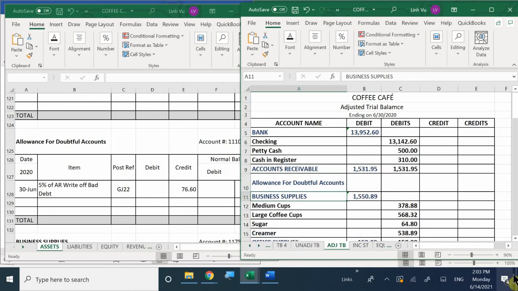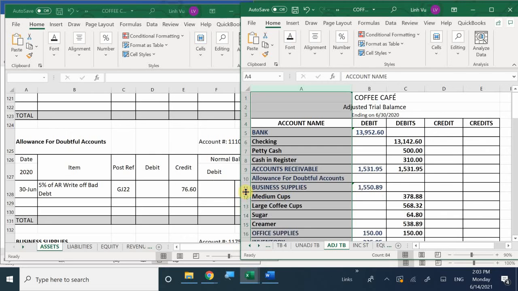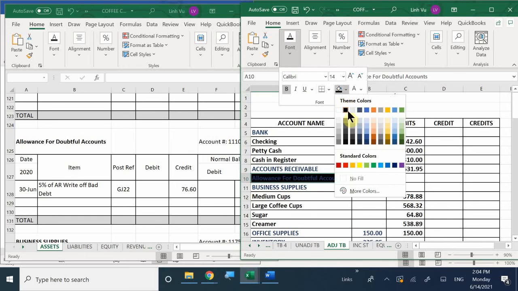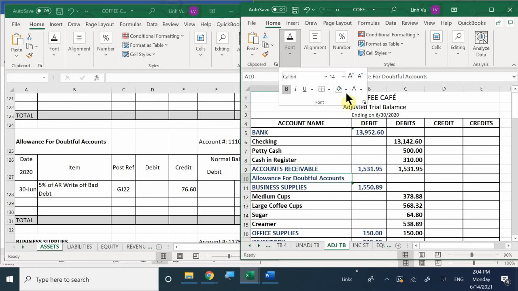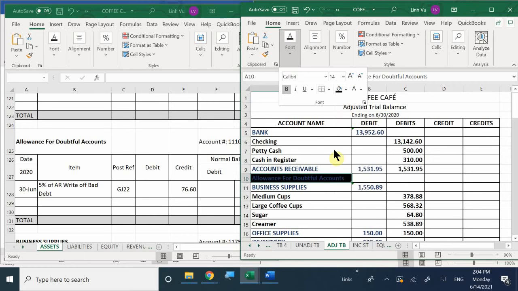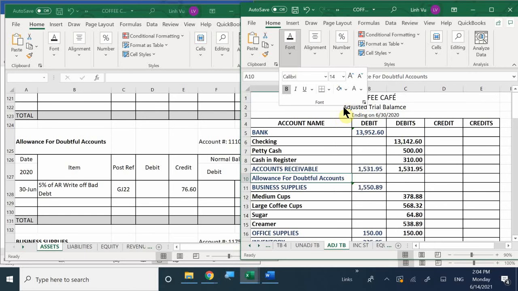And just to define it a little, I'm going to change the font color to black, not the background. I'm going to make it black, so then you know that this is a sub account.